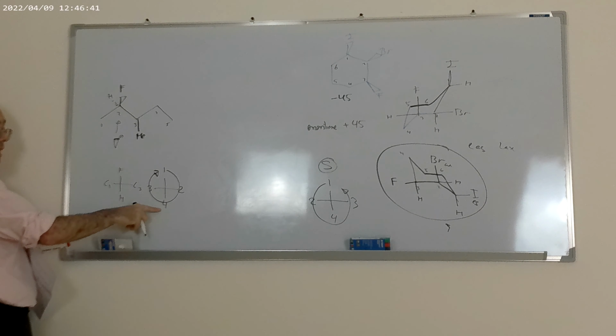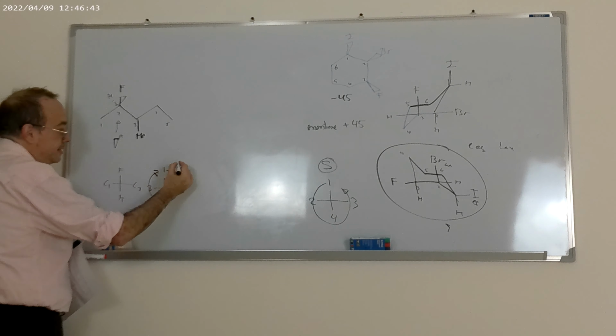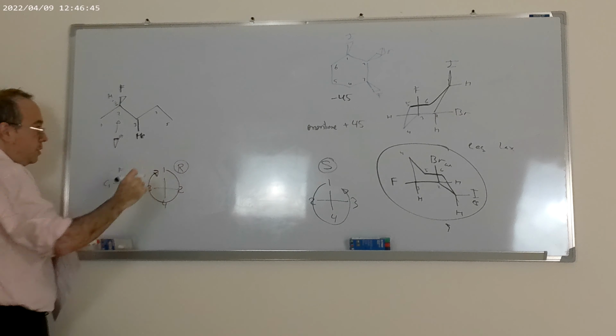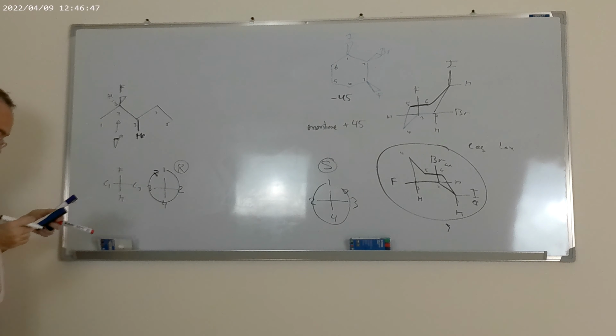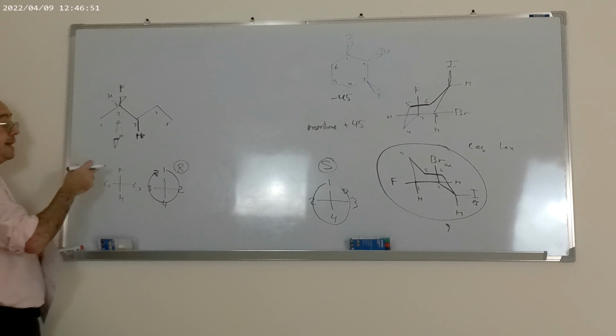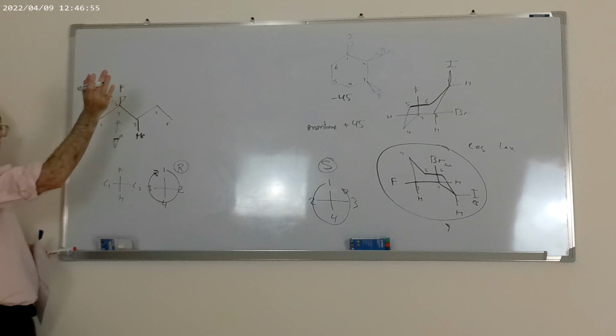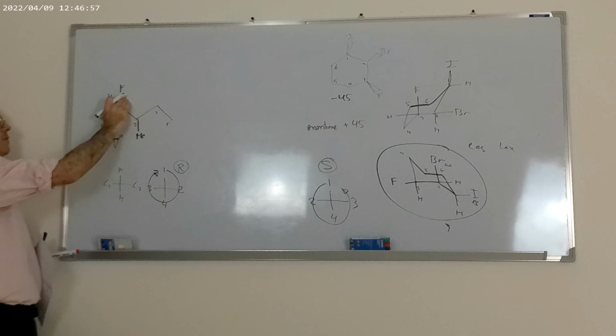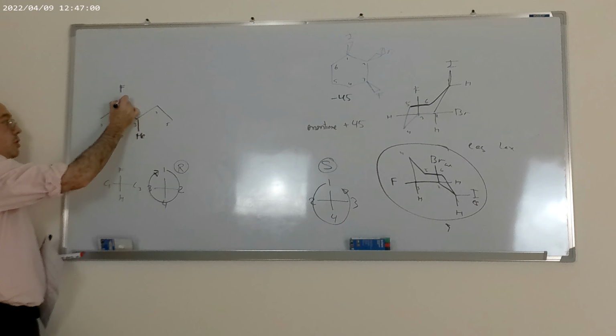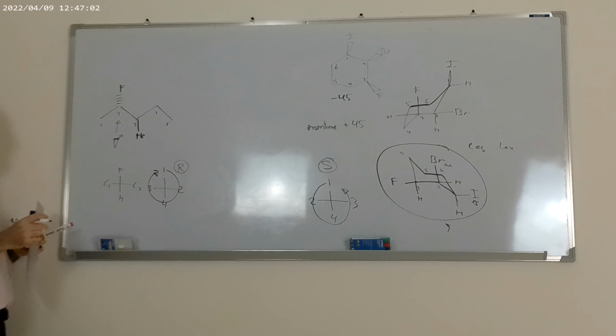The 4 is upside down, that means I make this clockwise, this will be R. But in our case, they say that we need to have the S. That means that instead of putting the fluorine in front of us, I will put the fluorine behind us and that will be the right answer.